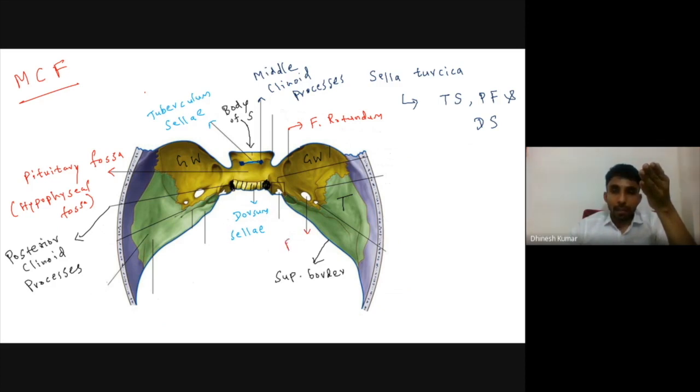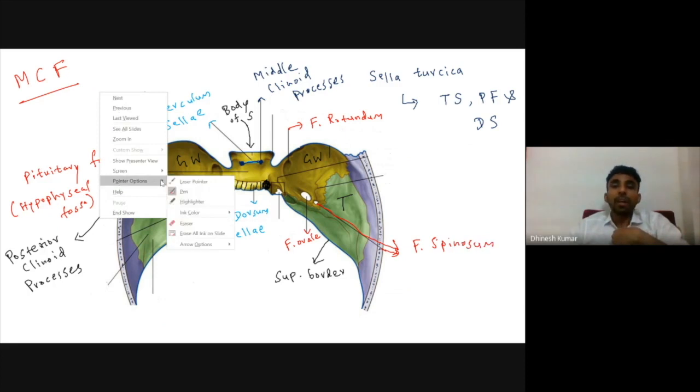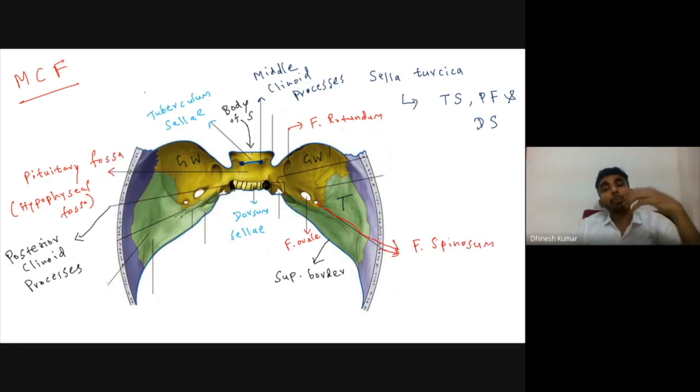It is called the foramen ovale. Just behind and lateral to the foramen ovale, we have the foramen spinosum. So remember, foramen rotundum, foramen ovale, and foramen spinosum.